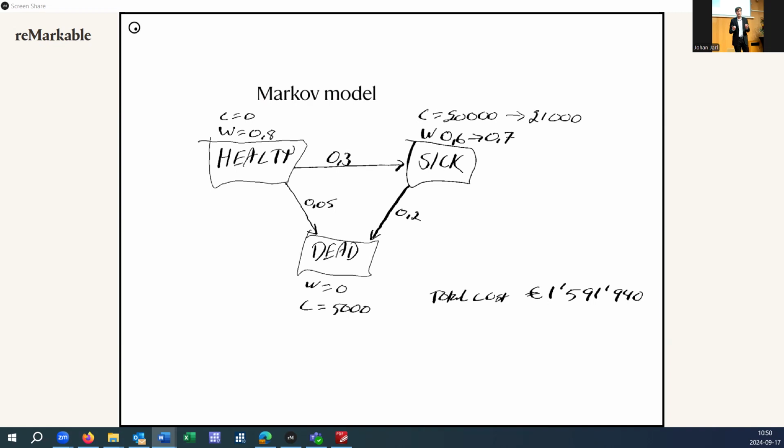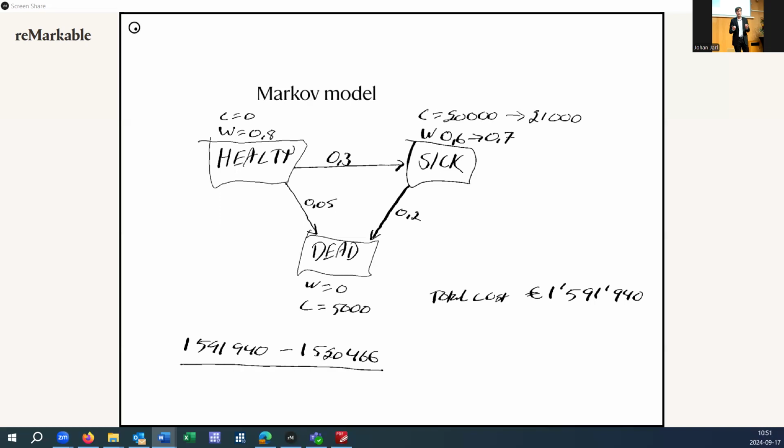This now allows us to calculate the ICER and the cost effectiveness ratio of the intervention, which is the cost of the intervention minus cost of the base case divided by the outcome of the intervention minus the outcome of the base case. So the total cost of the intervention was 1,591,940 minus the cost of the base case, which we previously calculated to 1,520,466.